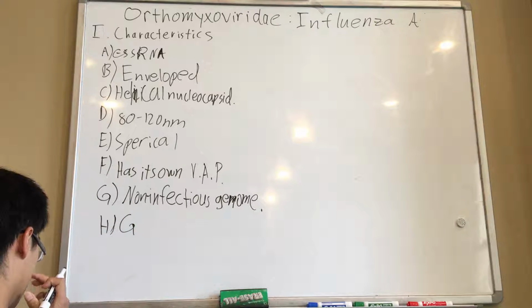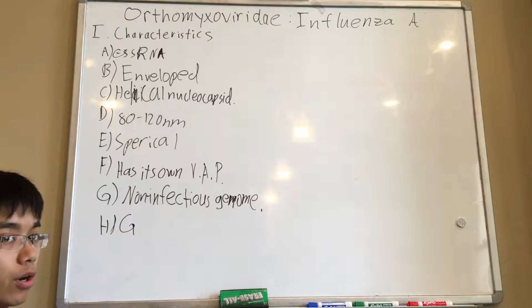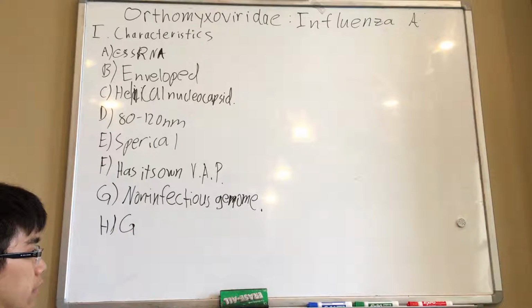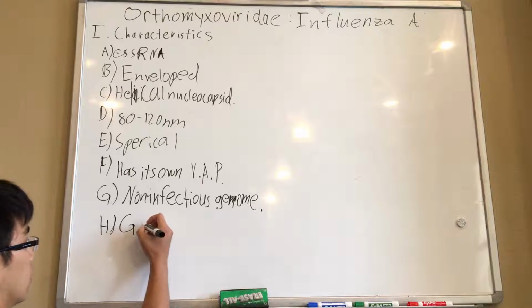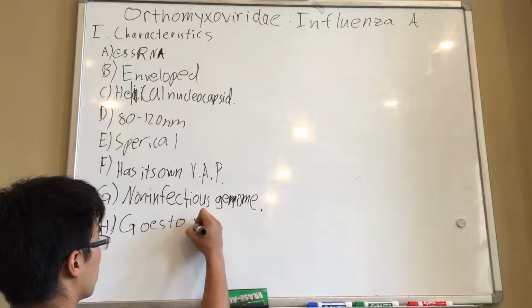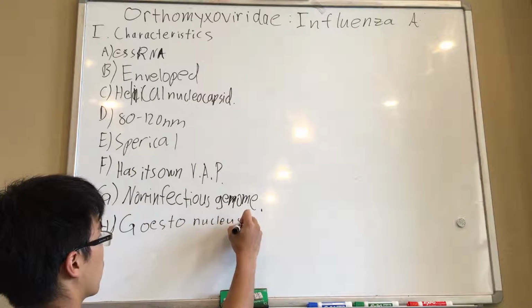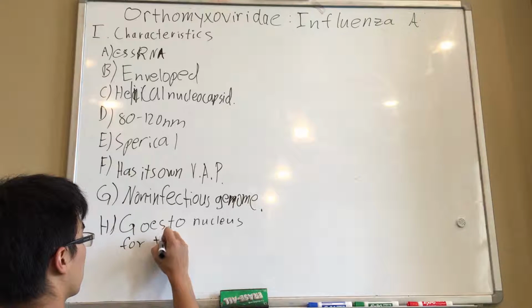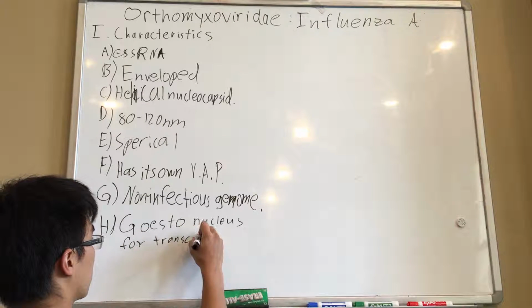I put this down as goes to nucleus. Basically, part of its life cycle is spent in the nucleus. I believe that's in the replication phase, or no, maybe in the transcription phase. Goes to nucleus for transcription.